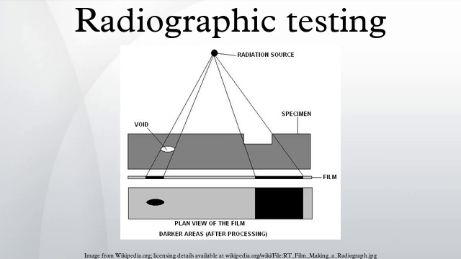ISO 10675-1, Non-destructive Testing of Welds, Acceptance Levels for Radiographic Testing, Part 1, Steel, Nickel, Titanium and Their Alloys. ISO 11699-1, Non-destructive testing, industrial radiographic films, Part 1, classification of film systems for industrial radiography.